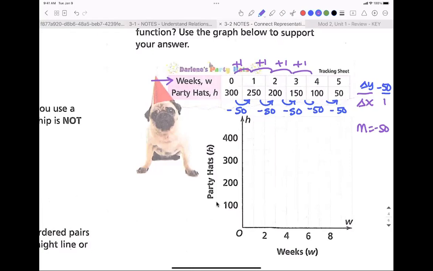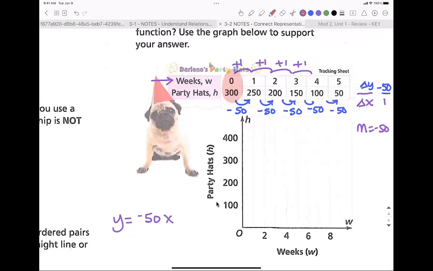Could we graph this? Well, yeah, we can graph it. We could even write an equation: Y equals MX, where our M is -50. What's our B here? Remember, your B is when your X is 0. It's my beginning here.